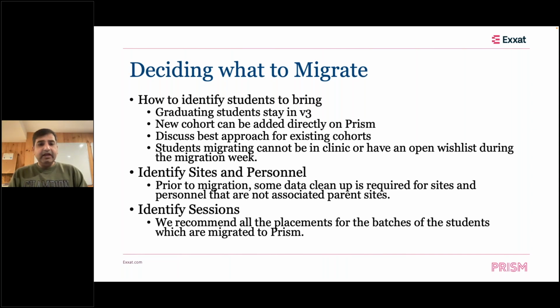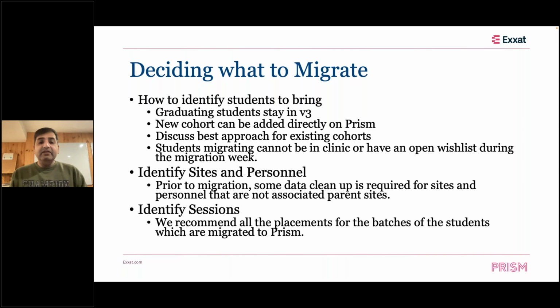Identifying sites and personnel: as I was mentioning, if you have good data, it will help you when you move to Prism. From a site and personnel perspective, make sure that all the SCCs, CIs, preceptors or any personnel have a mapping or association with their sites.